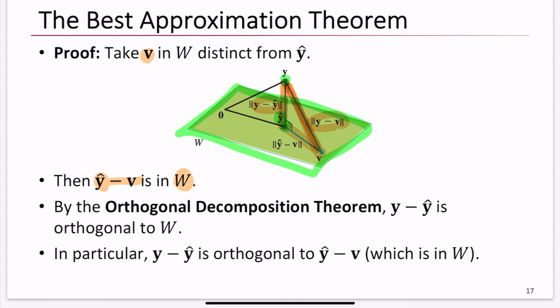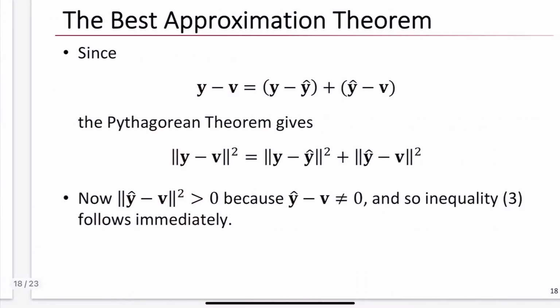Because y hat and v are both in W, y hat minus v is also in W. Then by the orthogonal decomposition theorem that we discussed last week, y minus y hat is orthogonal to W. In particular, y minus y hat is orthogonal to y hat minus v, because y hat minus v is in W, so they are orthogonal to each other, right?